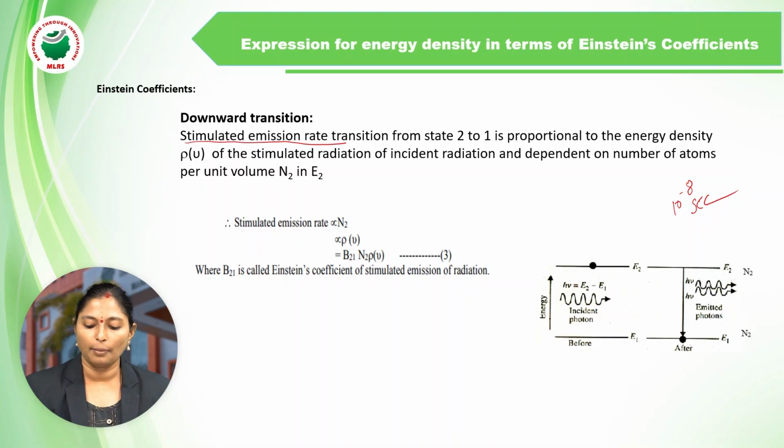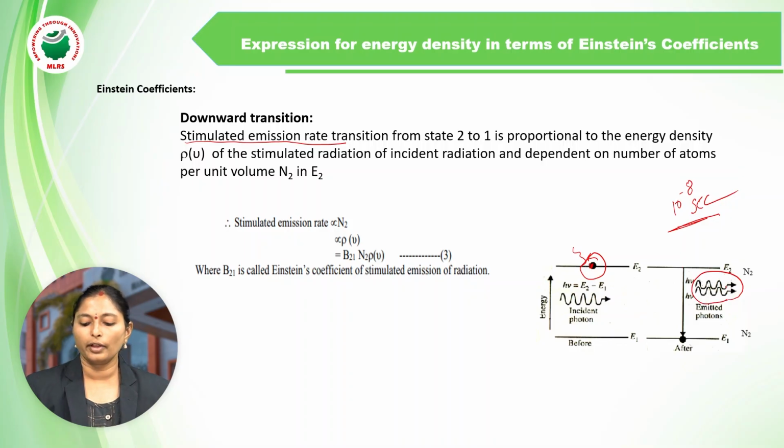Whereas here, what is going to happen? The atom is in the excited state. Now we are applying some energy to the atom in the excited state. We are giving some additional, external energy to the atom in the excited state, before its lifetime ends. Now what is it going to do? While going from the excited state to the ground state, the atom is going to emit 2 photons.